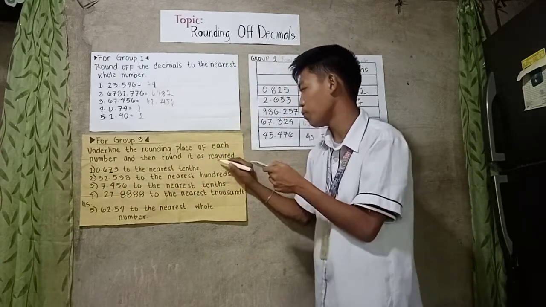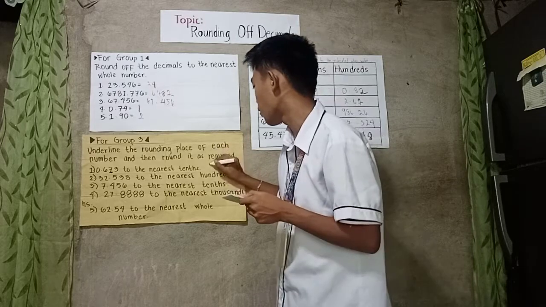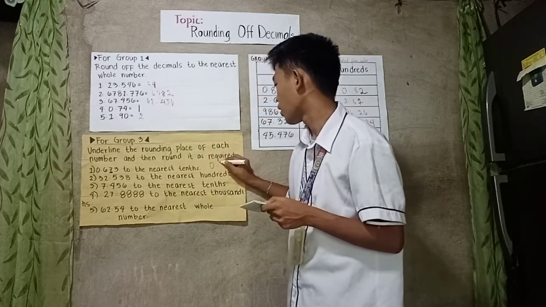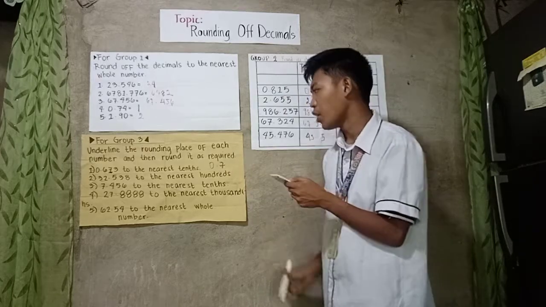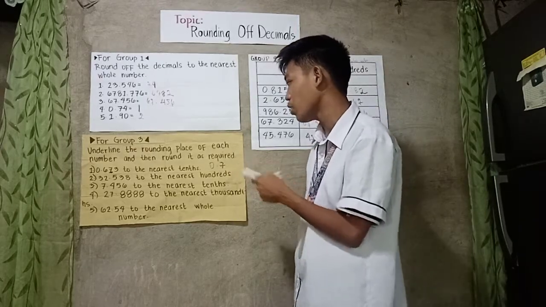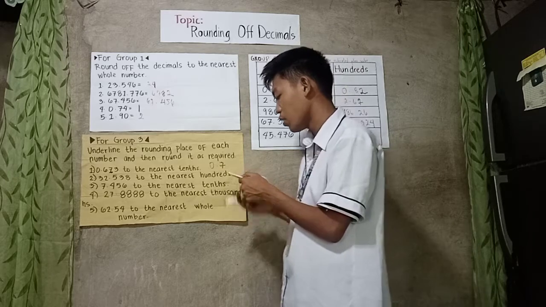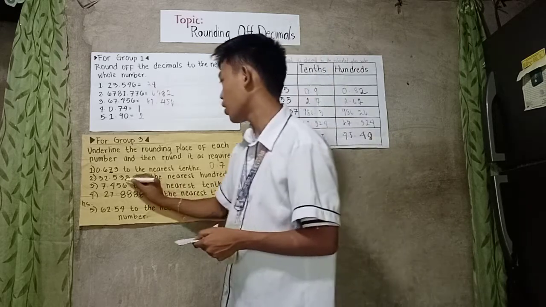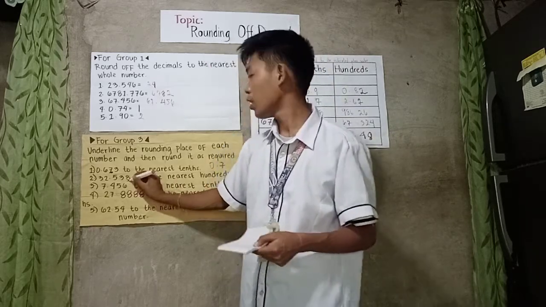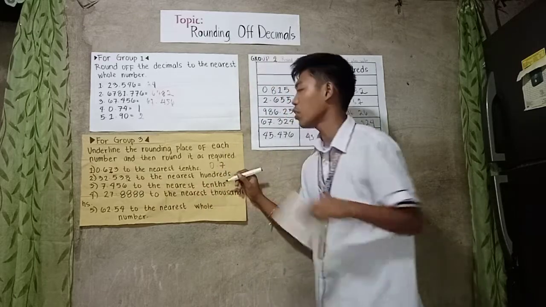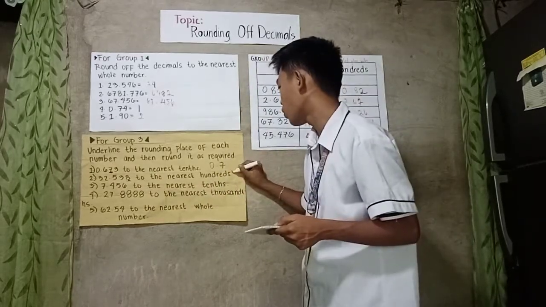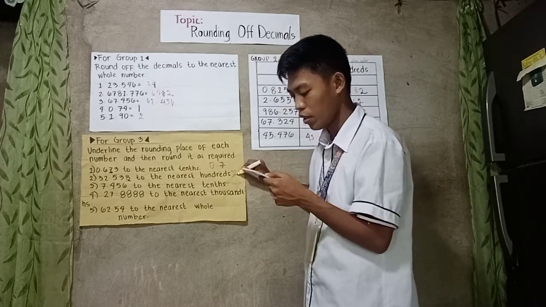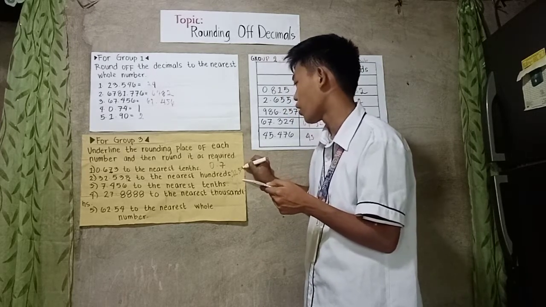So the answer would be 0.7. Number 2, we have 32.538 to the nearest hundreds. So 8 would be the underlined digit here. And if it is rounded off, it will become 32.54.